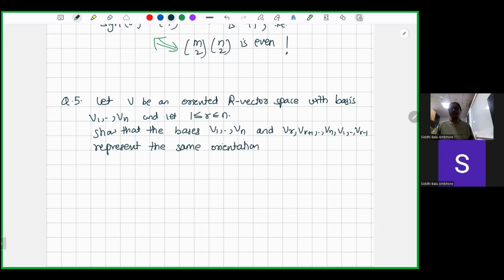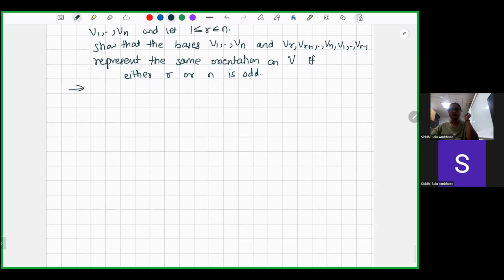It's a similar kind of question to what we did, on V if either r or n is odd. Okay, so let us do this quickly and understand.